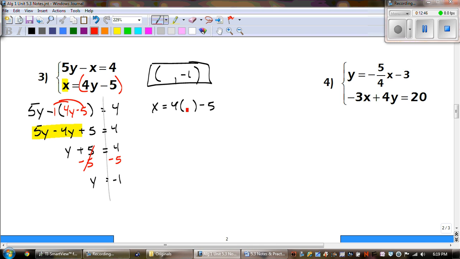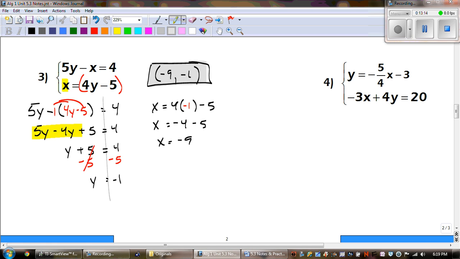We know that y was negative 1. 4 times negative 1 is negative 4, and negative 4 minus 5 is negative 9. And remember, to find out if you got it right, you can plug it in to one or both of the original equations.